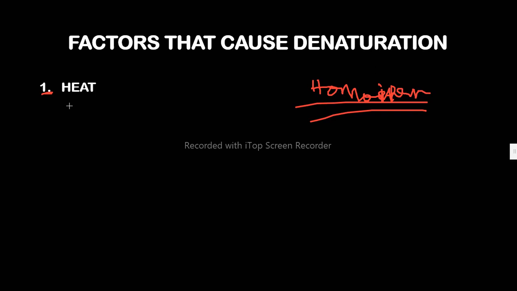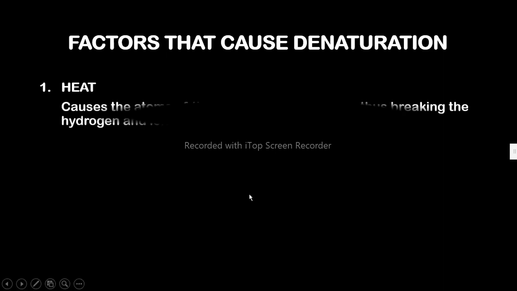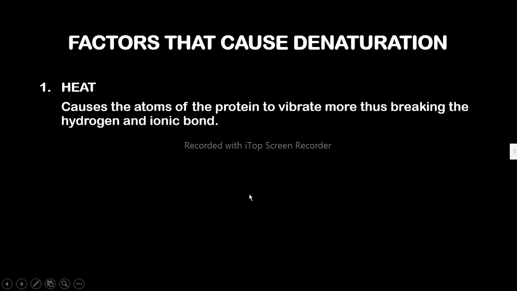But beyond the optimum, the reaction decreases rapidly to zero. Why? Because heat is going to denature the proteins catalyzing that reaction, and if the protein is denatured, you cannot see any reaction.